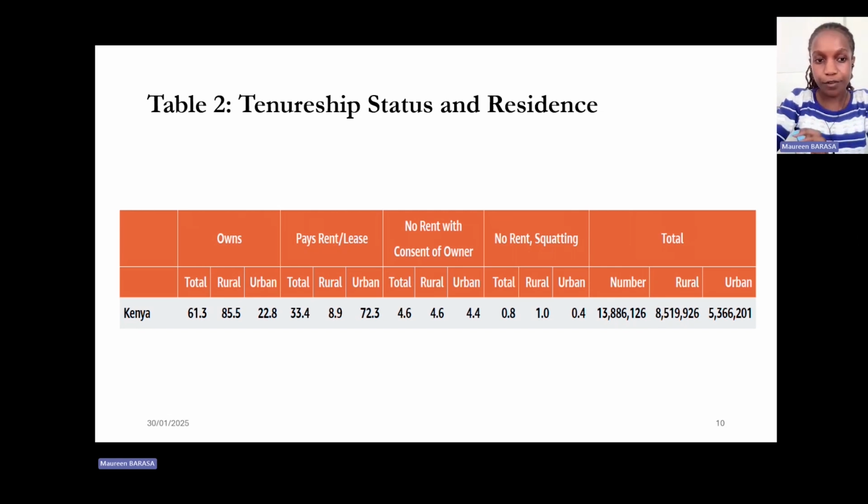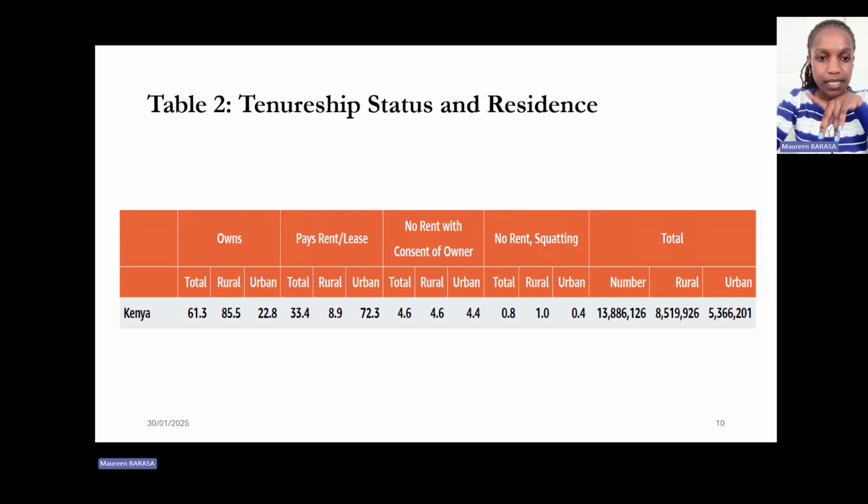From this data, if we look at the totals on who owns, who pays rent, who's not paying rent with consent of owner, and who's squatting, you can see the dominant form of tenureship in Kenya is ownership, and it's the highest in rural areas.